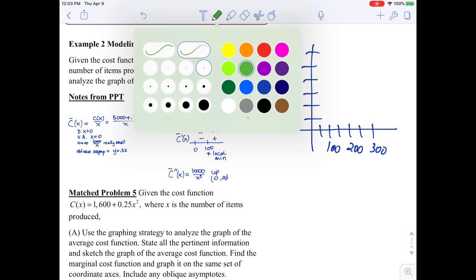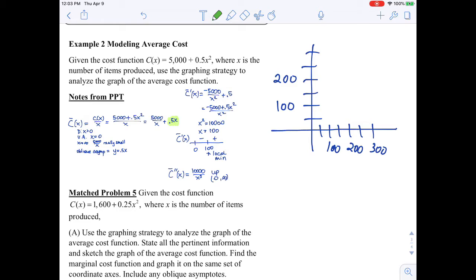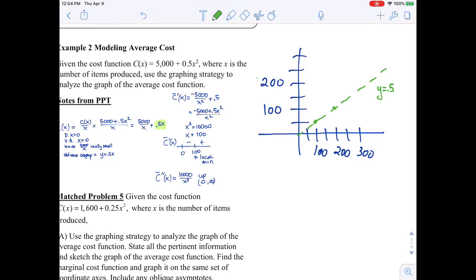First off, I know that I have this oblique asymptote, 0.5x, so at 100 it's at 50, at 200 it's 100. So this is my y equals 0.5x. And I know that I have a local min at 100.